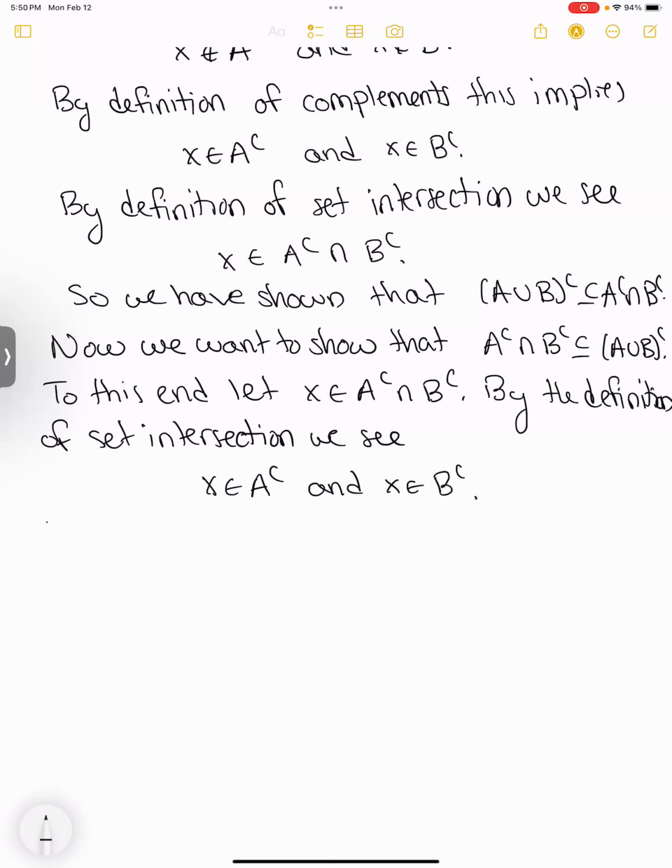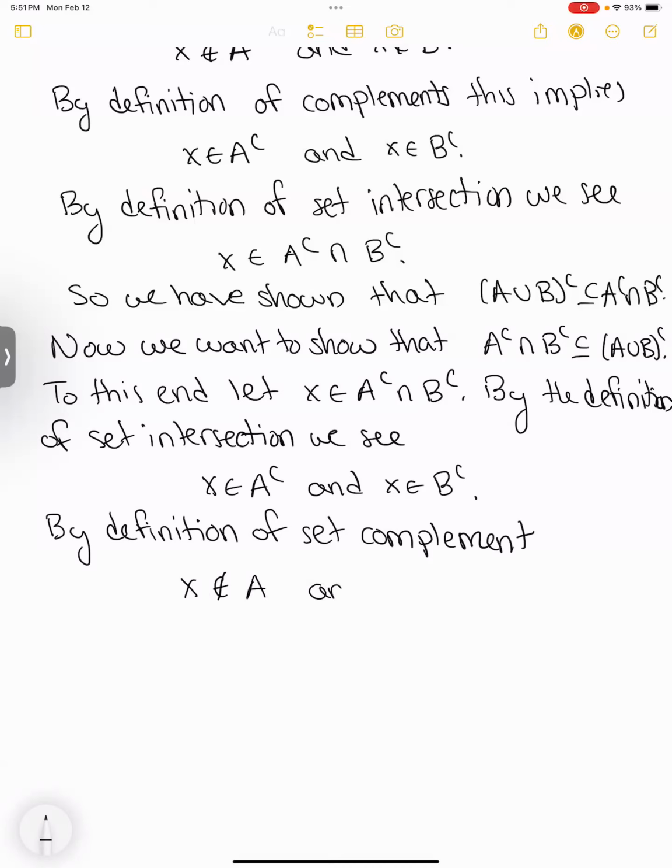Now by definition of set complement, X must be not in A and X is not in B.